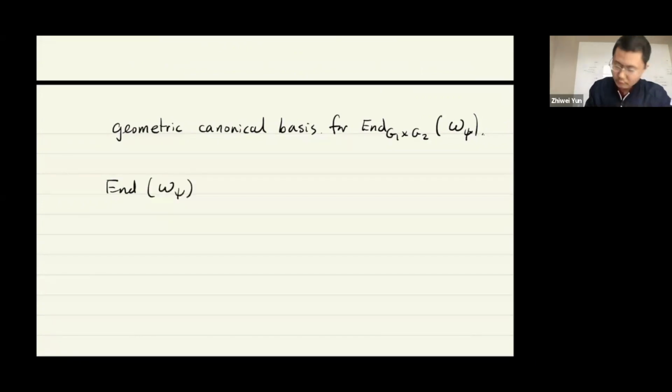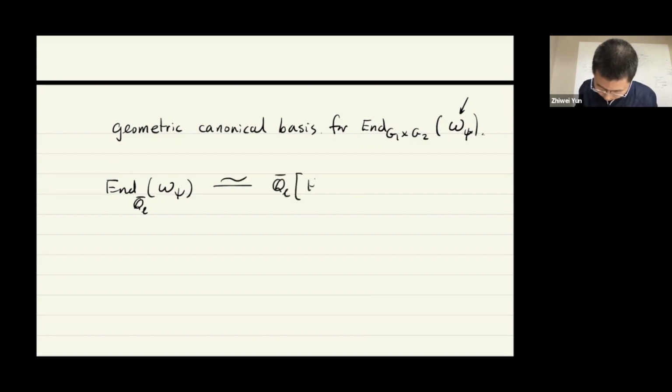So far, it doesn't look very geometric because this omega psi is just some abstract representation, but its endomorphism ring, as a vector space, can be canonically identified with functions on the Heisenberg group where the center acts by the additive character of psi.